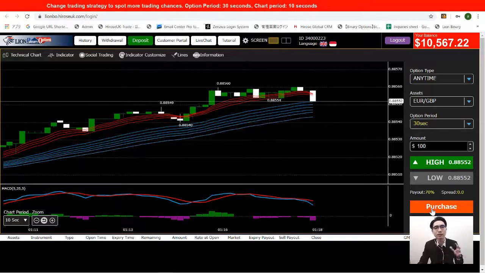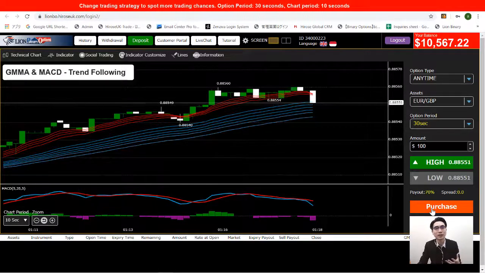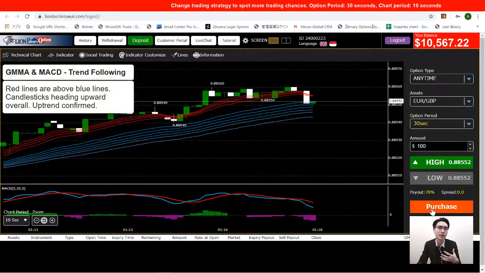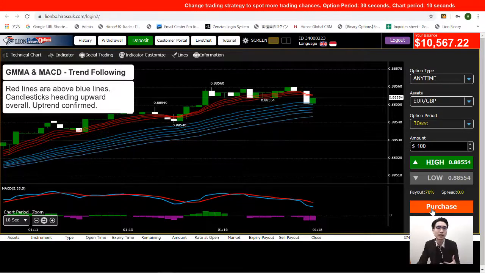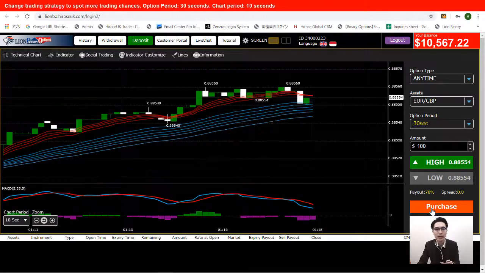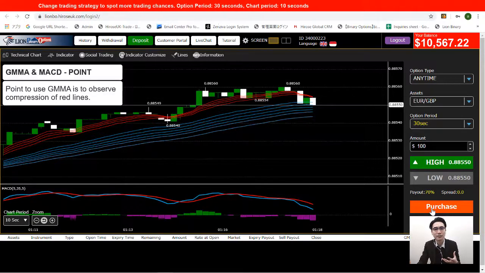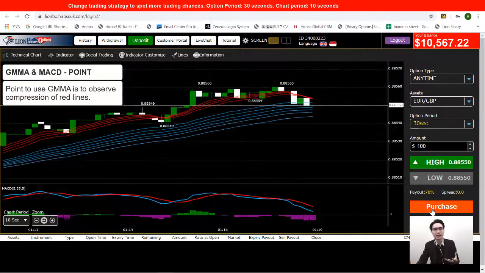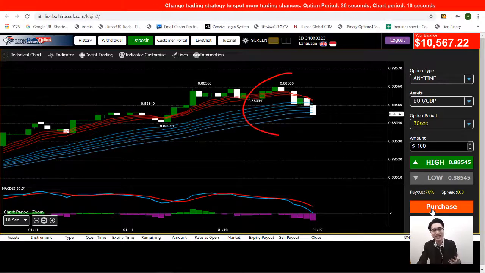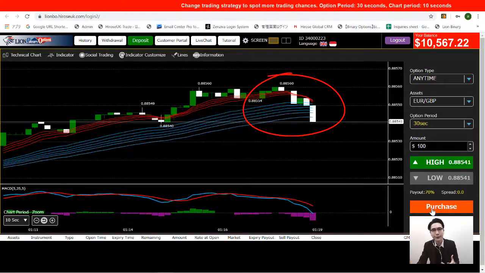First, the GMMA and MACD is a trend following strategy. In here I can see that the red lines are above the blue lines, and the market direction overall is heading upward, so it's all good. Next I just need to have the red line contraction, and now you see the candlesticks start to break through the blue line.